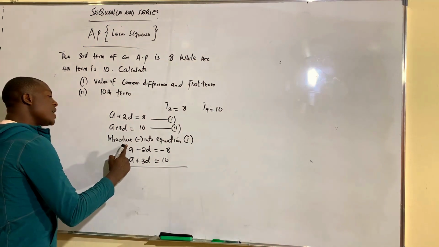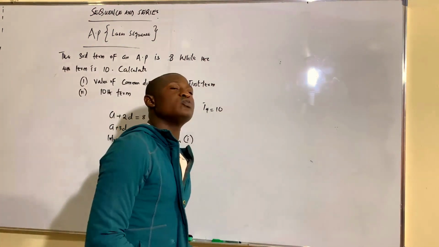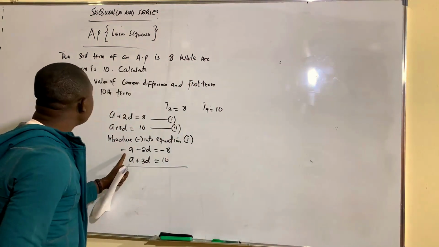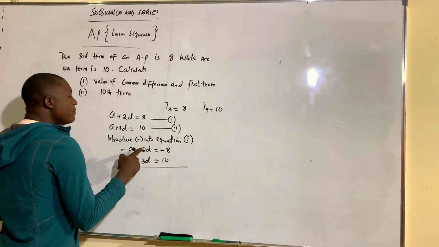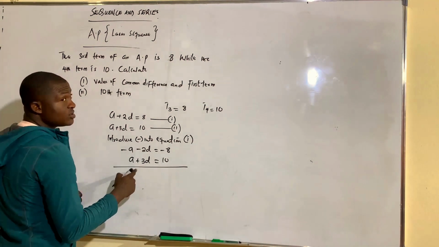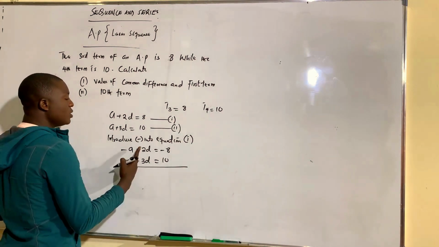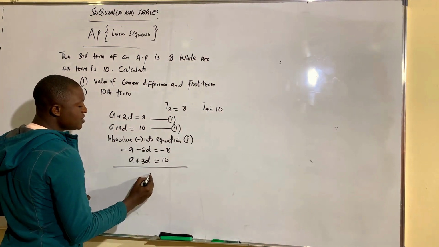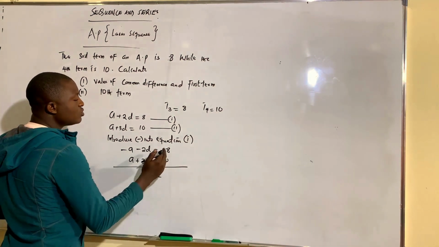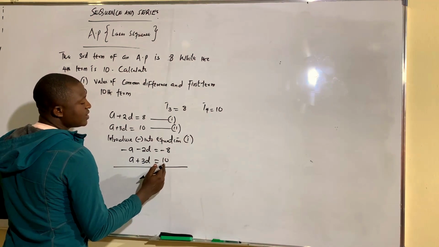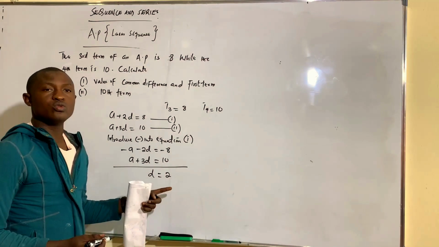Minus A plus A is 0. Now, minus 2D plus 3D, of course, what are we going to have? Can we have minus 5D? No, exactly. Minus 2D plus 3D gives us 1D. And 1D is nothing but D equal to minus 8 plus 10, which is 2, meaning our common difference is equal to 2.